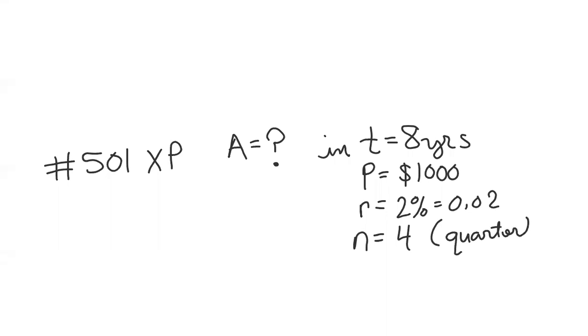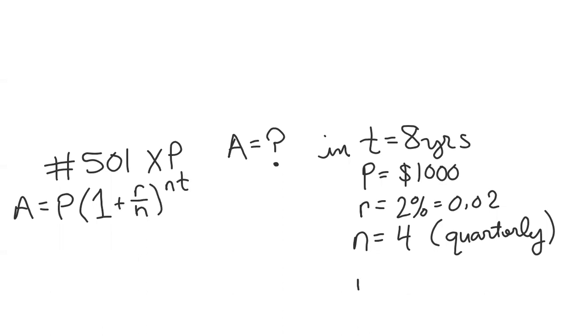We are using our compound formula for future values: A equals P times 1 plus r over n raised to the nt. So we want nt: 4 times 8 is 32. Well, it's not 32 years, it's 32 compounding periods.